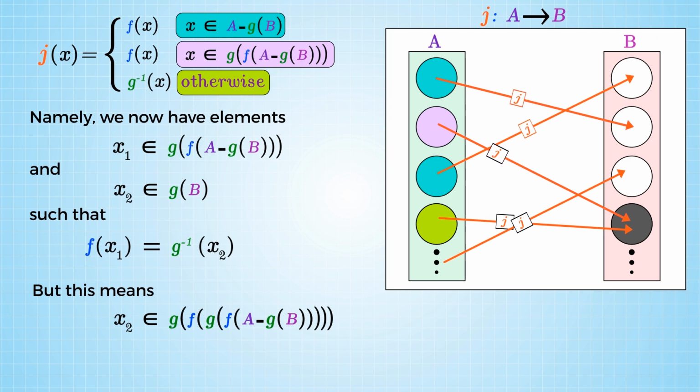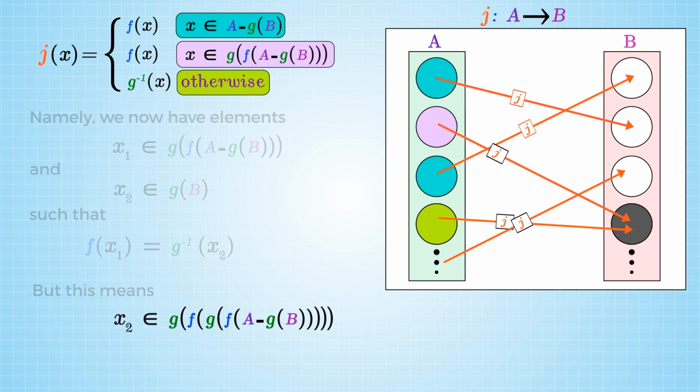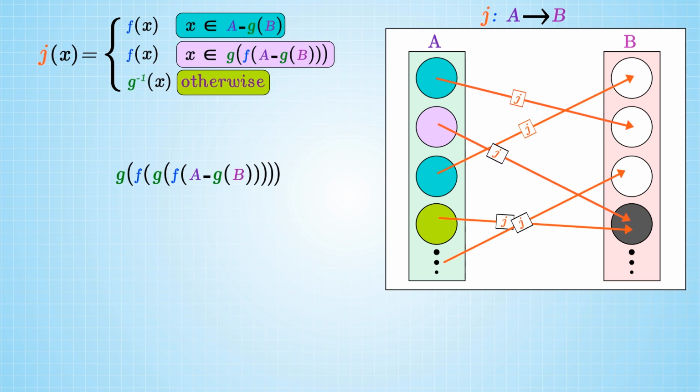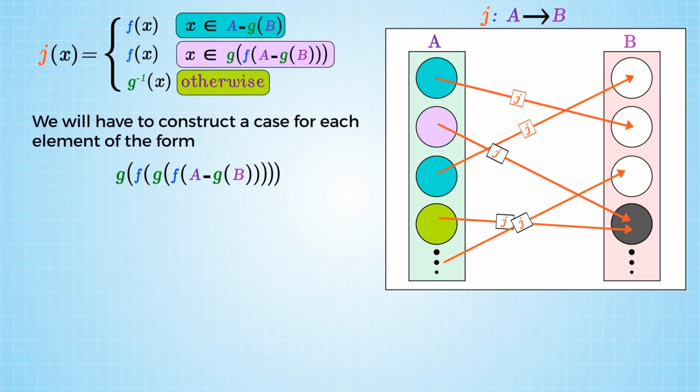But this means that x2 is in G(F(G(F(A minus G(B))))). Generalizing, we can foresee that we'll have to construct a separate case for each element of the form G(F(G(F(...)))) up to G(F) applied to A minus G(B).